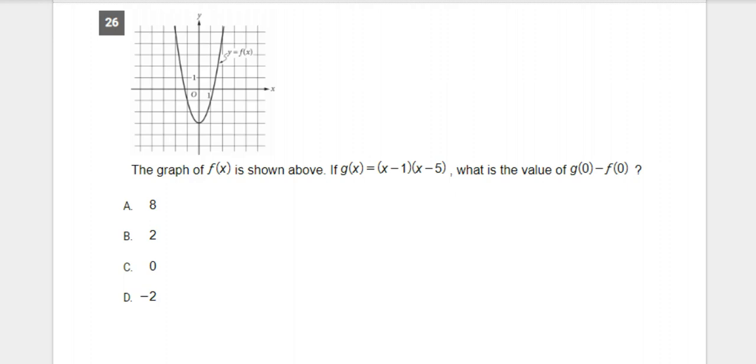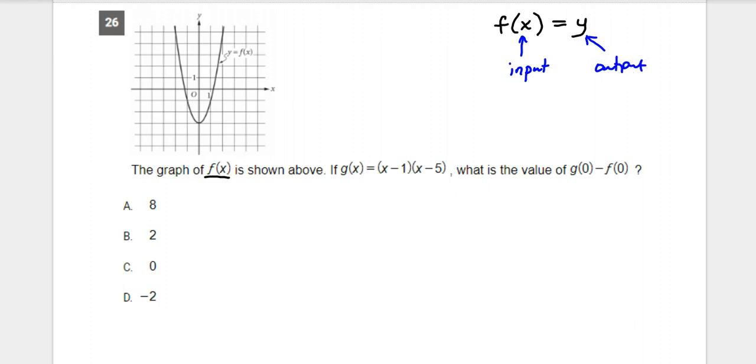All right, number 26, just peeking at it, I see some function notation. So whenever I see this f of x, I know there's going to be an input, output kind of situation. Remember, f of x is really just y. And this x number right here is the input, and the y is the output.